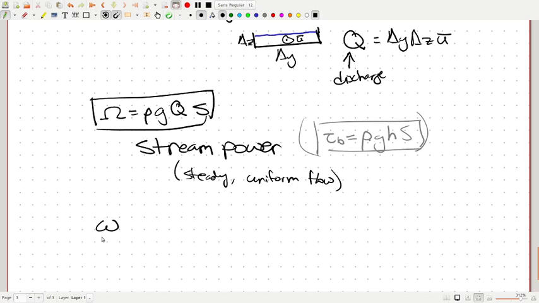What you want to do then is say that this is, by the way, little omega, whereas that was big omega. So this is omega, and so this is the unit stream power. Wow. Come on, handwriting. And that unit stream power is equal to big omega per width.